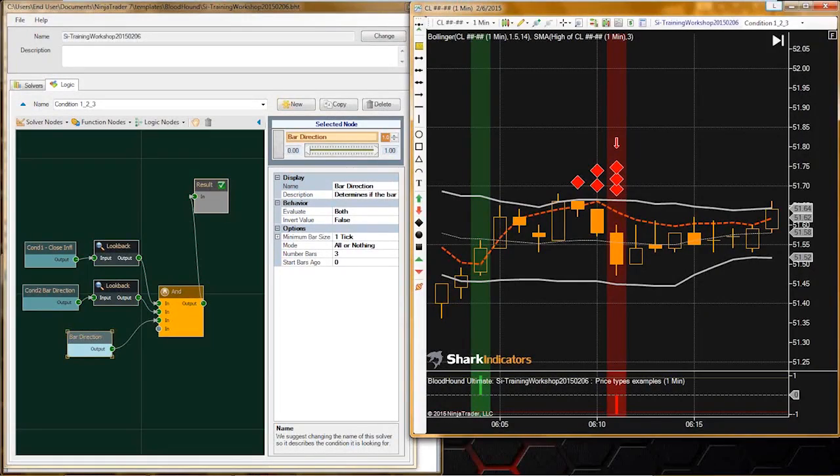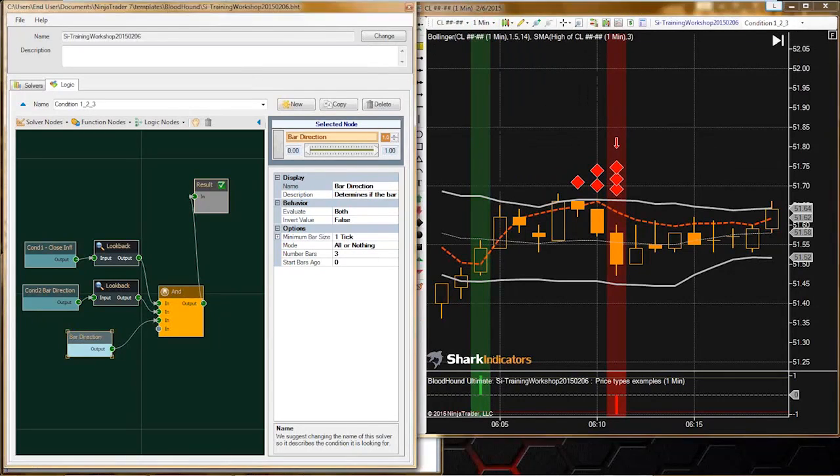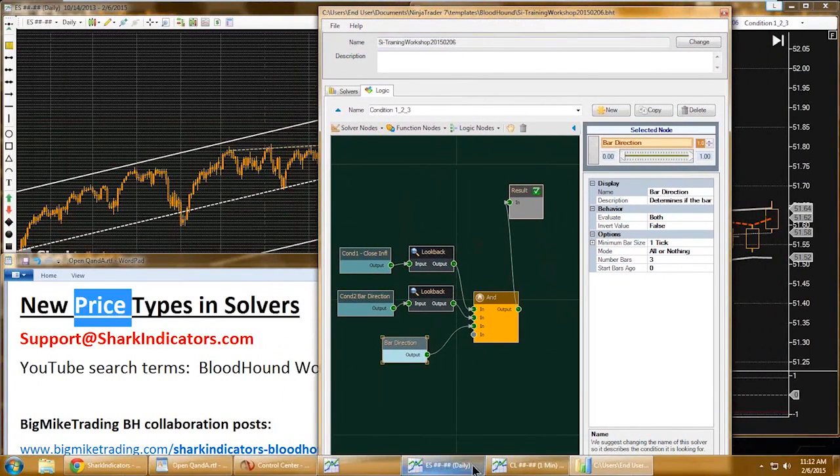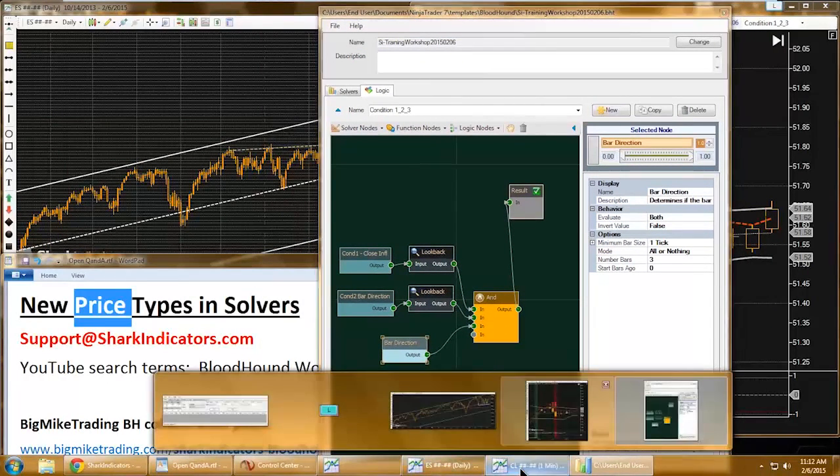Ellen's asking, can a solver from a 4-range chart be used when building a logic on a 1-minute chart? And yes, it can. So I do have a 1-minute chart here, and let me bring up another chart.